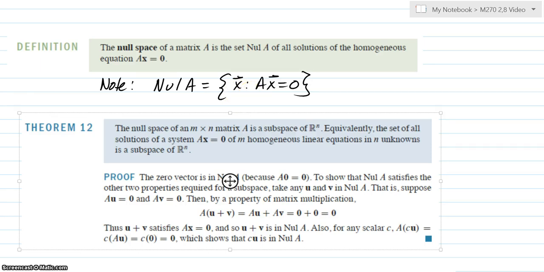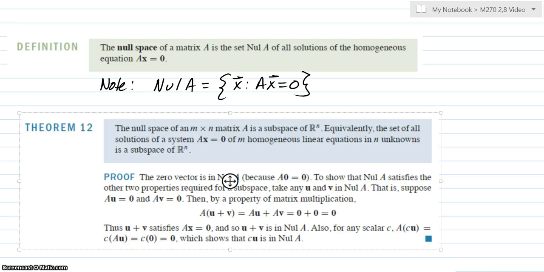When A has n columns, the solutions of Ax equals 0 belong to Rn. And the null space of A is a subset of Rn. So in fact, Nul A has the properties of a subspace of Rn.